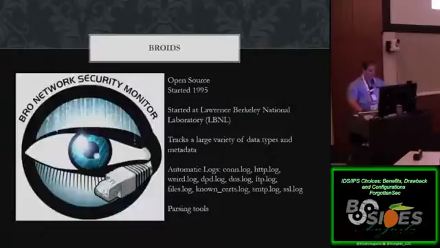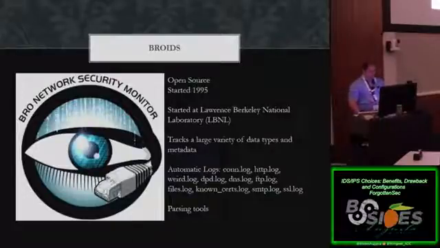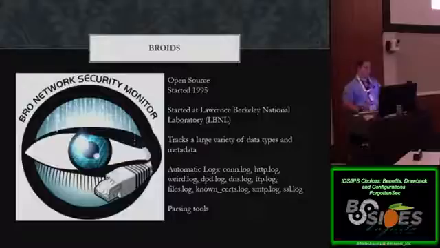Bro IDS is actually the oldest of the group. Started out at one of the national labs over 20 years ago. And kind of some interesting automated details. You can actually pull NetFlow out of Bro as well, which I thought was kind of interesting first playing with it. A lot of power, but probably, to me, the biggest component of it is it gives you a lot more visibility into what's going on in your network.